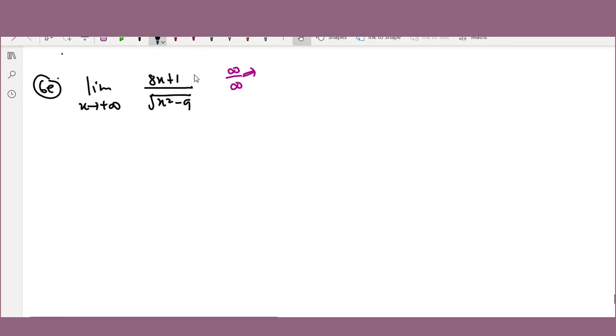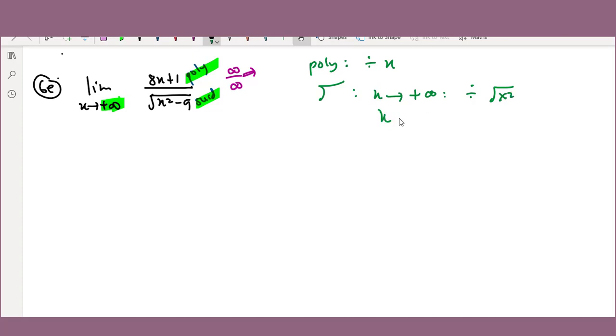So in this case, when x tends to infinity, with polynomial over root or root over polynomial, first for the polynomial function you have to divide each term by x. For the root function, if x tends to positive infinity, you divide by the square root of x squared. When x tends to negative infinity, divide by negative square root of x squared.